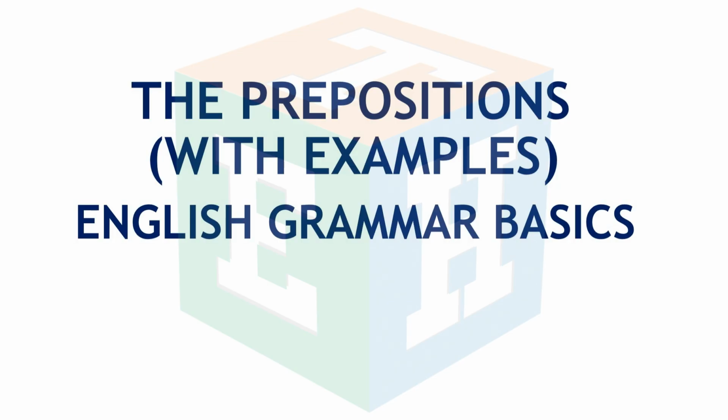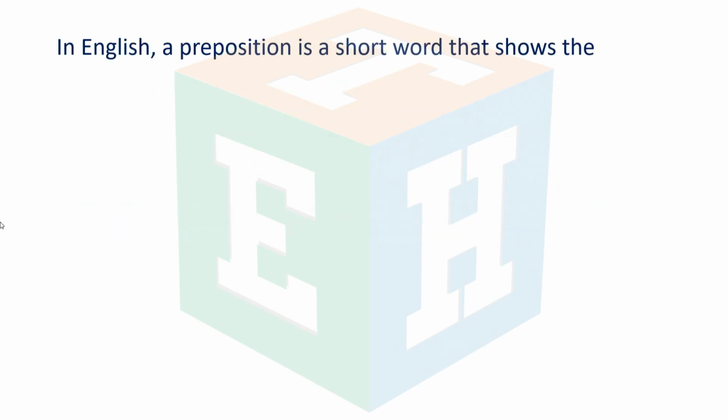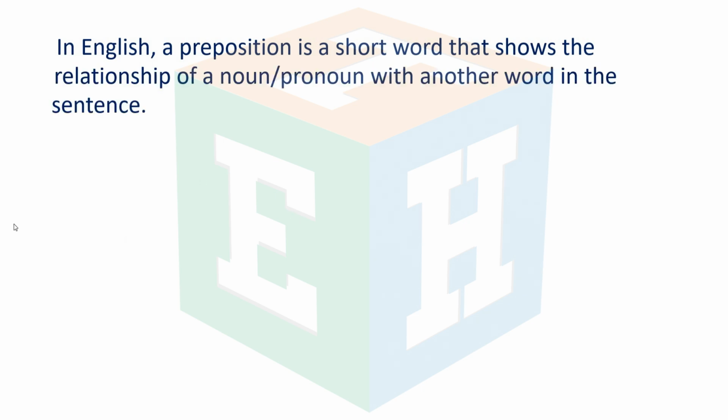And today we shall be looking at prepositions with examples, English grammar basics. Let's get started. In English, a preposition is a short word that shows the relationship of a noun or pronoun with another word in a sentence.